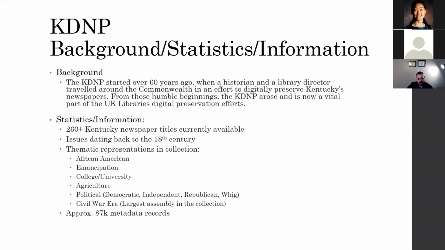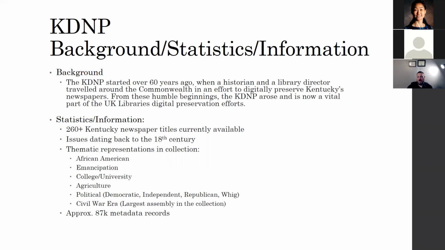So just to give some more information about the Kentucky Digital Newspaper Project. That project began over 60 years ago when a historian and a library director traveled around the Commonwealth of Kentucky to digitally preserve newspapers around the region. From those humble beginnings, this project arose, and it's now a vital part of the UK Libraries' digital preservation efforts.